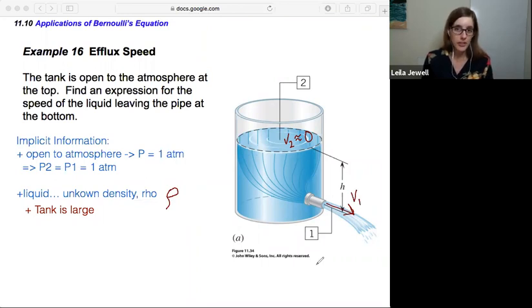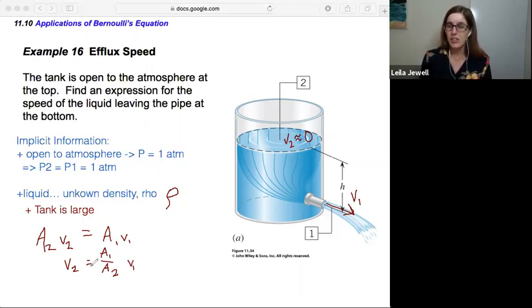We could show that with the continuity equation. So if you're not comfortable with this, you could look at A2 times V2, because this is what sets the speed of any fluid, is equal to A1 times V1. And so we get that the speed at point 2 is going to be the ratio of the areas, area 1 divided by area 2, and then times V1.